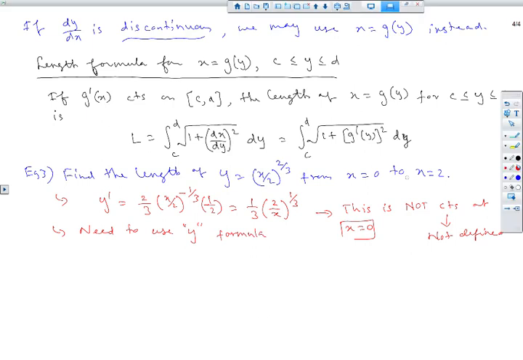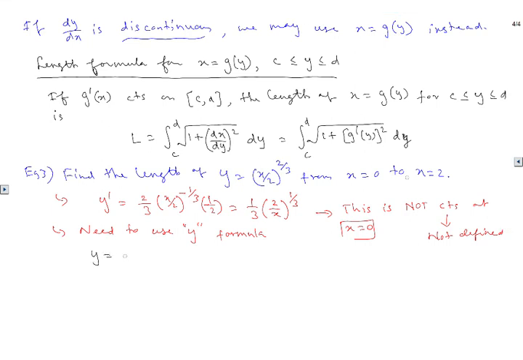So we're going to do the problem that way. We have y equal x over 2 to the 2/3. What we can do is take the opposite power, so we see y to the 3/2 is x over 2. In other words, x equals 2 times y to the 3/2.